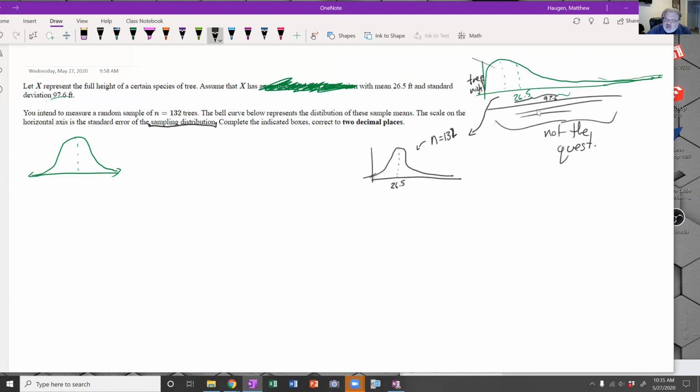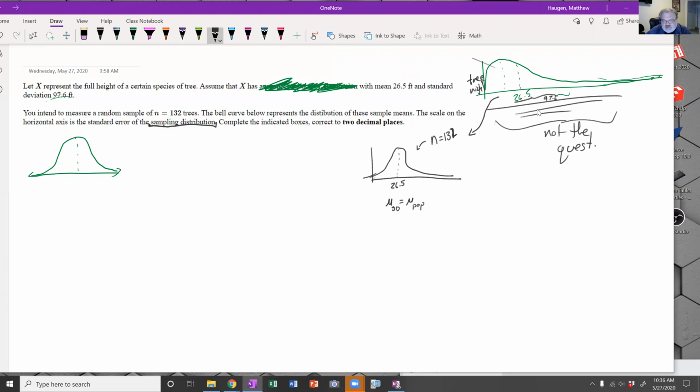The average of the sampling distribution, the mu of the sampling distribution, should equal the mu, the mean of the population. And that's always nice. The average of one should match the average of the other. But the standard deviation shouldn't match.